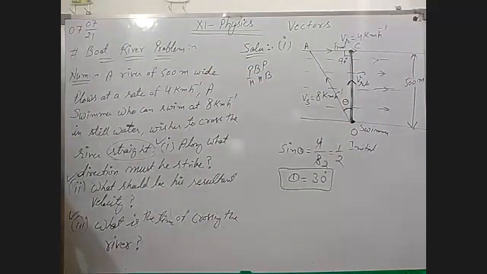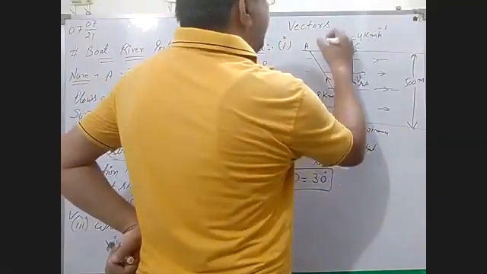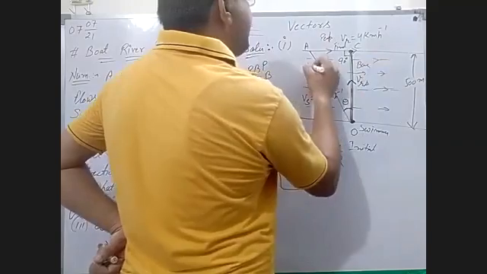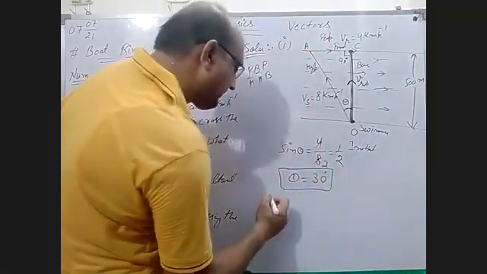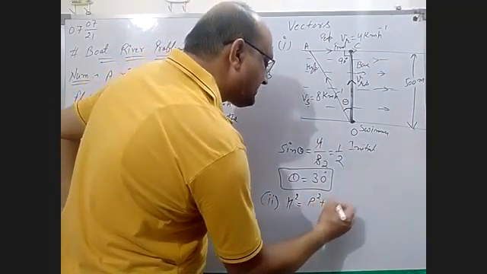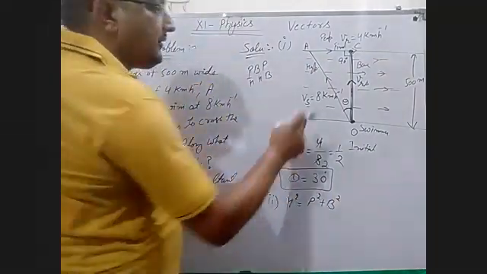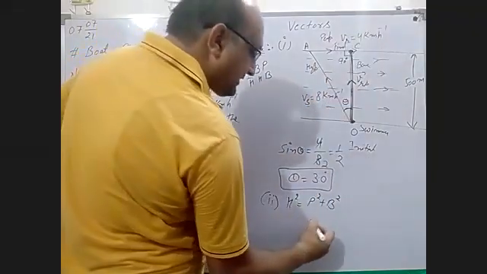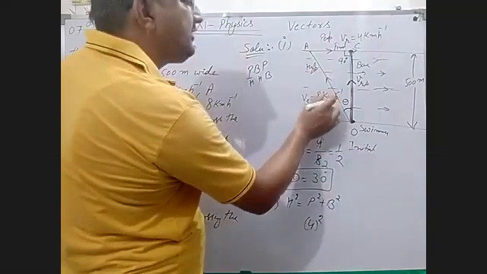Resultant of velocity. This is perpendicular. This is base. This is hypotenuse, and you know very well hypotenuse square is equal to perpendicular square plus base square. Firstly, we are taking this. What is perpendicular value? 4 square. What is hypotenuse square value?